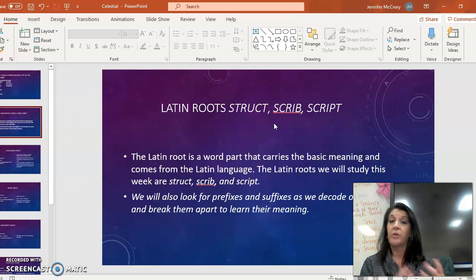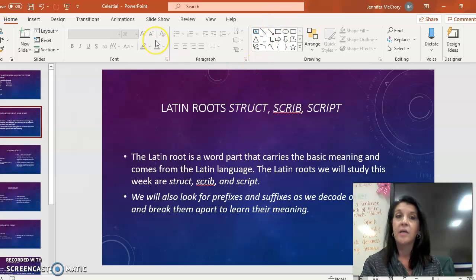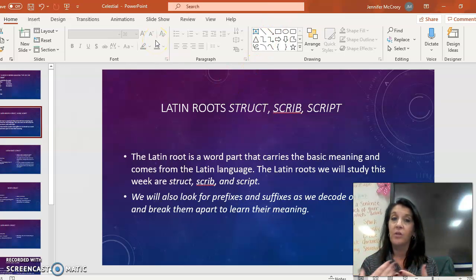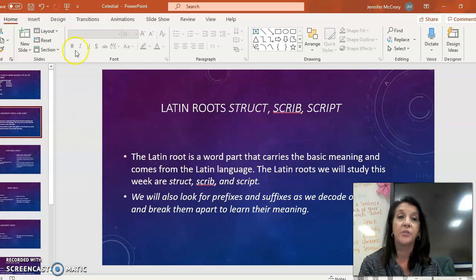We can look at a prefix and say, hey, I recognize that, and we can get to a suffix and say, oh, I know what that means. So if I know what the different parts of a word mean, then I can pull what I know to understand what I'm reading. So it all fits together. Comprehension, vocabulary, spelling, all of it fits together like a puzzle.